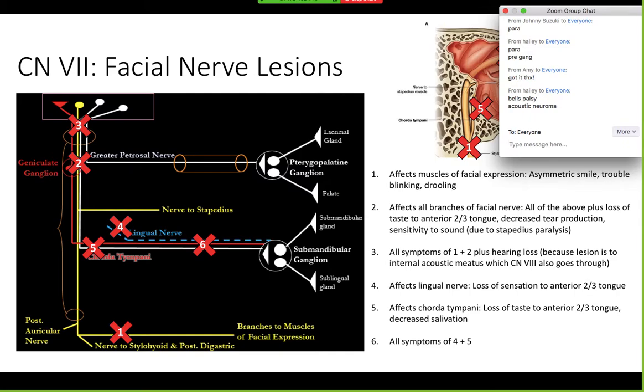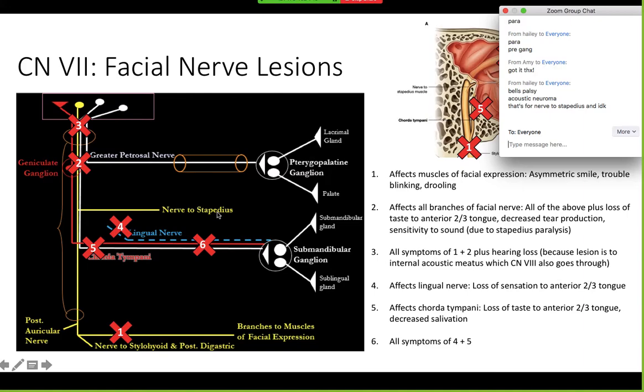What is the clinical term he talked about when he talked about loud noises? Right. So because the nerve to the stapedius is involved, they get what's called hyperacusis.